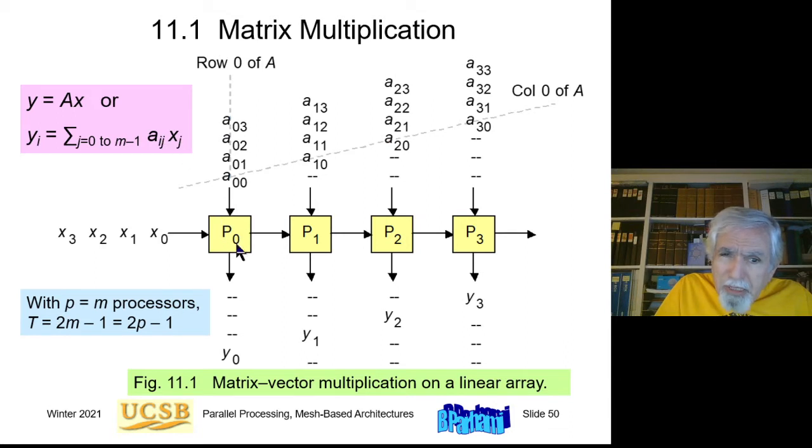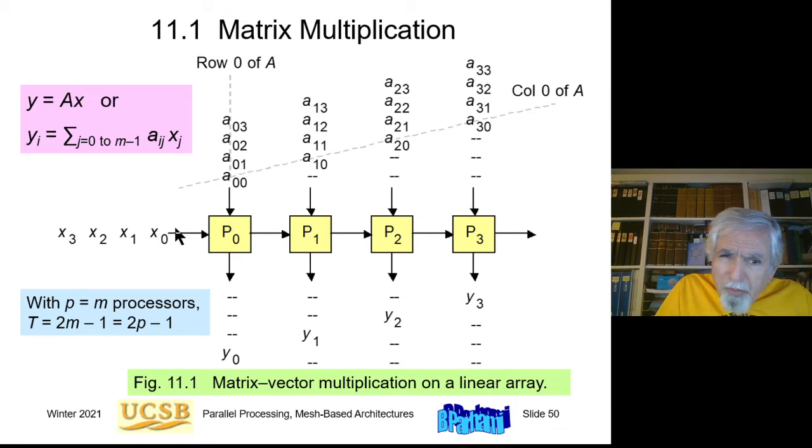This processor computes y0 by receiving a00 and x0 at the same time, multiplying them. So if some running total is initialized to 0, then to that is added a00 x0. On the next clock cycle, these elements enter one per clock cycle.